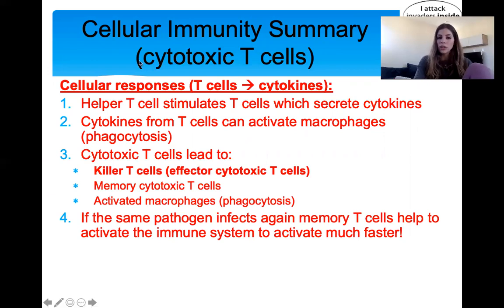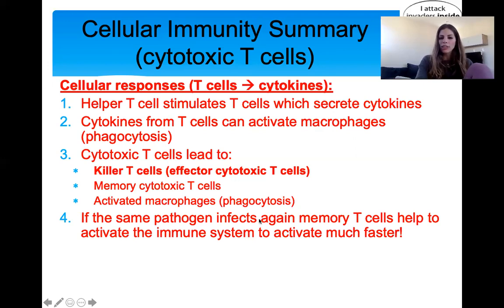If you get cytotoxic T cell activation, you get killer T cells, which are effector cytotoxic T cells, which cause cells to die. Because if you've been infected with a virus, you'd rather that cell die than that cell staying as a breeding ground for that virus.